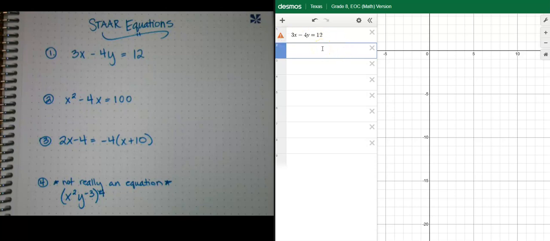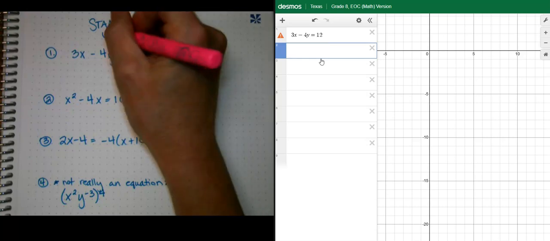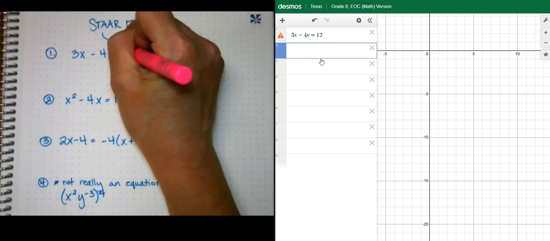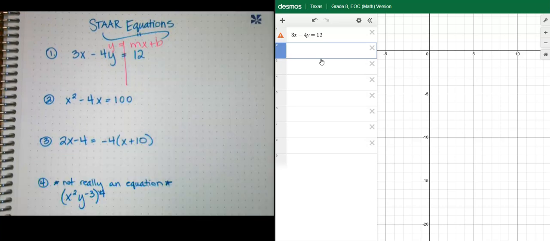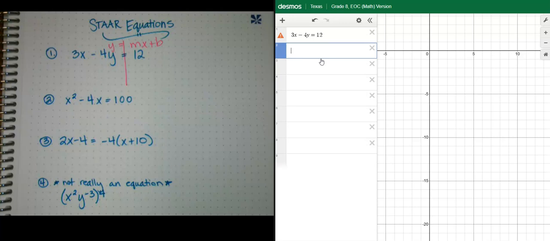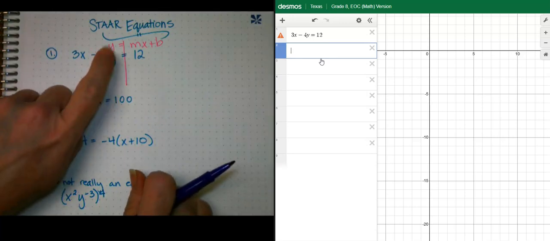However, you can graph it in slope-intercept form. When we talk about slope-intercept form, I want it to look like this. So if you'll remember back to when we did this, both during the systems unit and during our original linear equations unit, we talked about how you can move things around to solve for y.